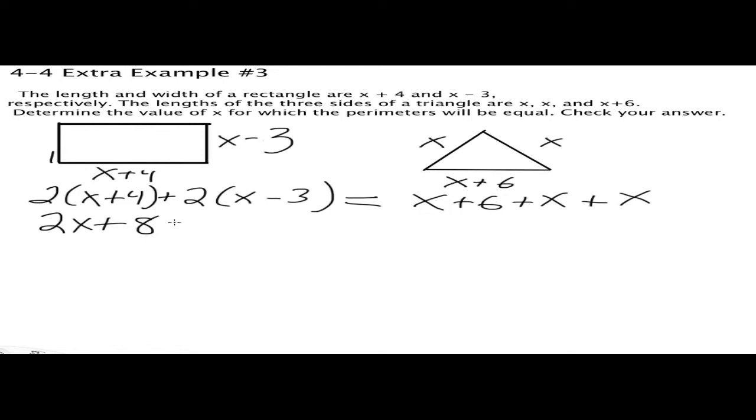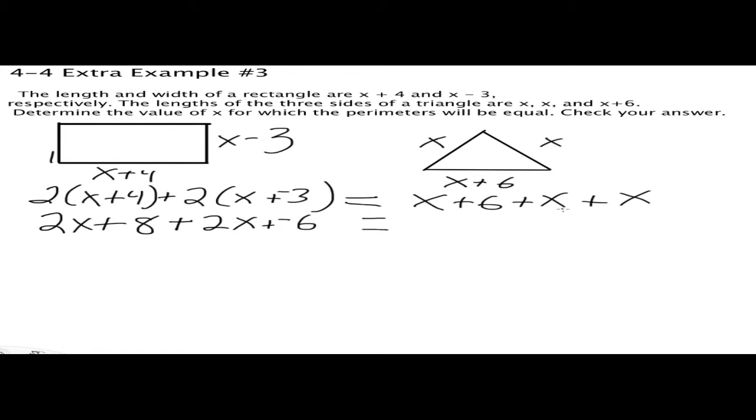And then I've got this next one is plus 2 times x is 2x. 2 times minus 3, I'm going to make that plus a negative 3. 2 times plus a negative 3 would be plus a negative 6. And that's going to equal, I'm going to combine these x's.